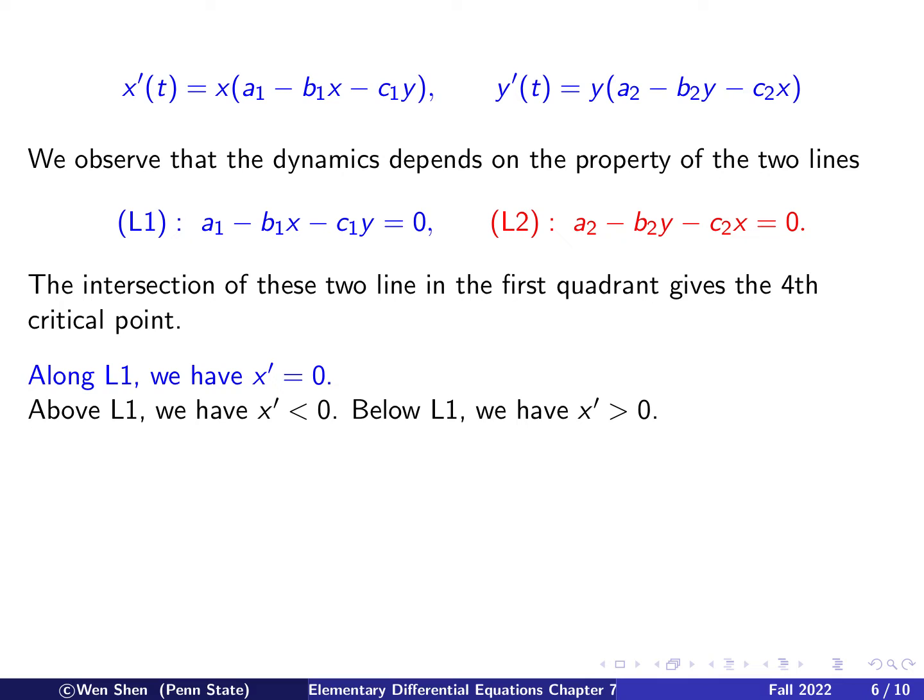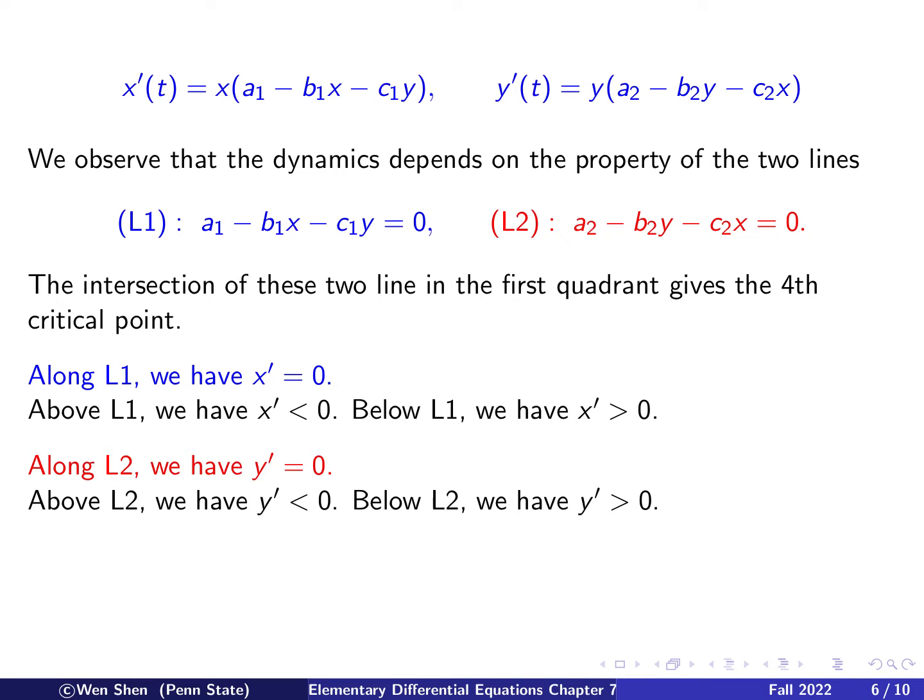Okay, and below L1, y gets smaller, and then this term becomes positive, and then x prime is bigger than 0. So in terms of a directional field, where x prime is 0 you have a vertical direction, where x prime is bigger than 0 your arrow will point towards the right, and where it is less than 0 your arrows will point to the left.